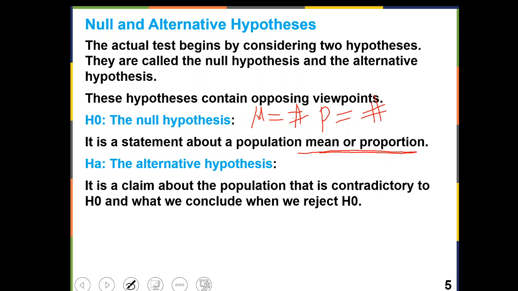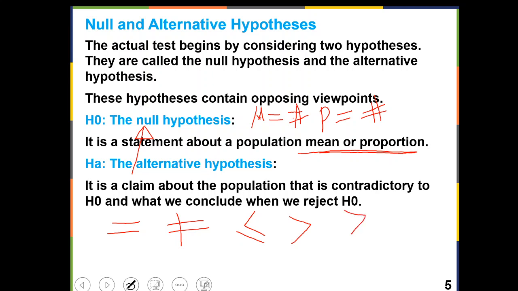Now, the alternative hypothesis is a different claim, right? And that's against that claim. Whatever that is, this one says the logical opposite of that. The logical opposite of equal is not equal. The logical opposite of less than or equal is greater than.